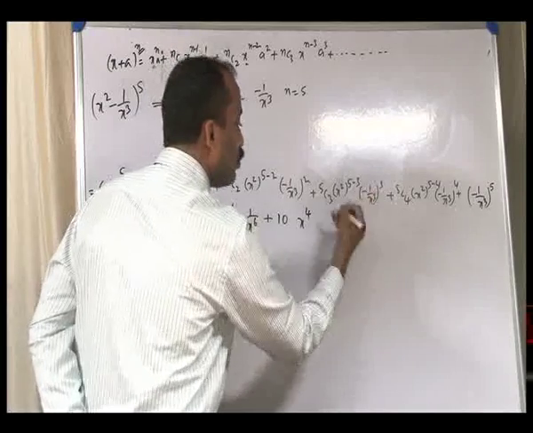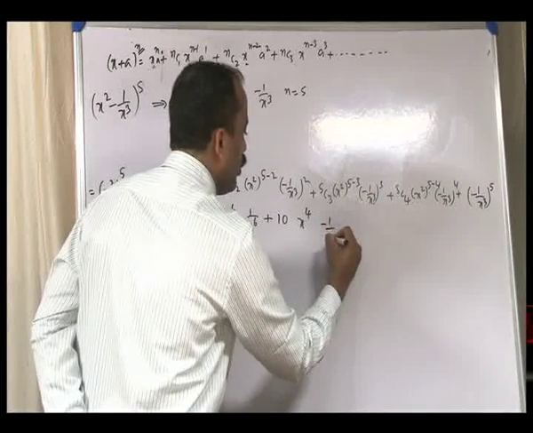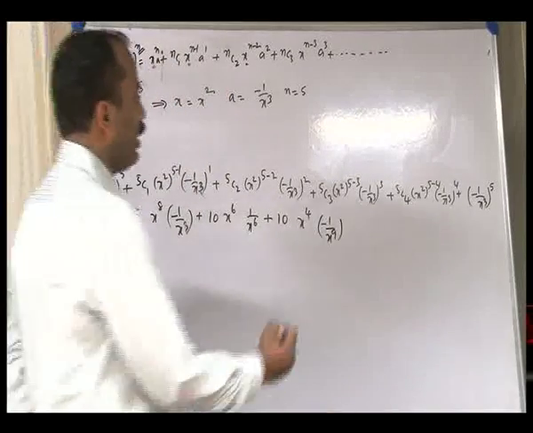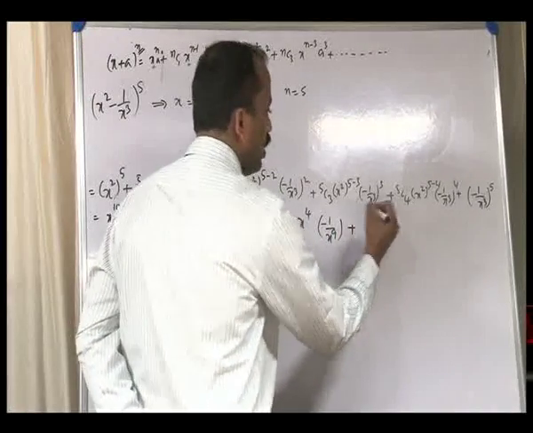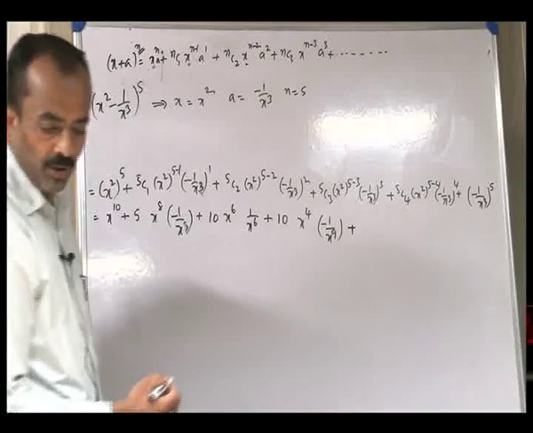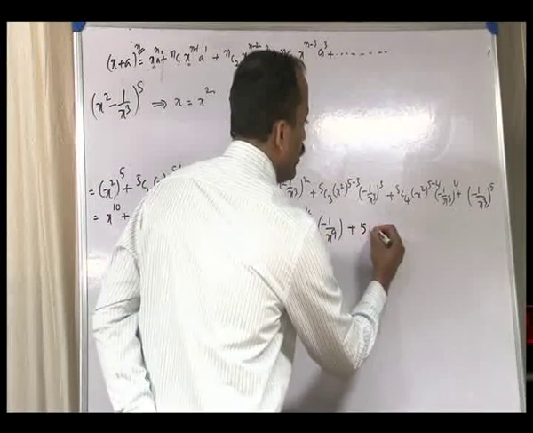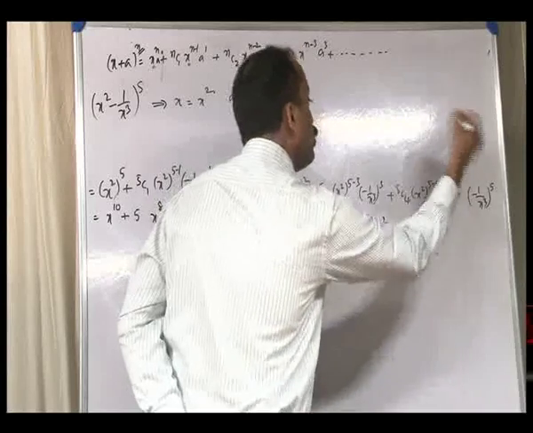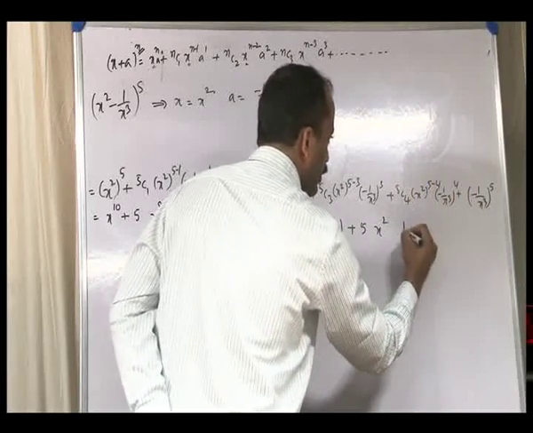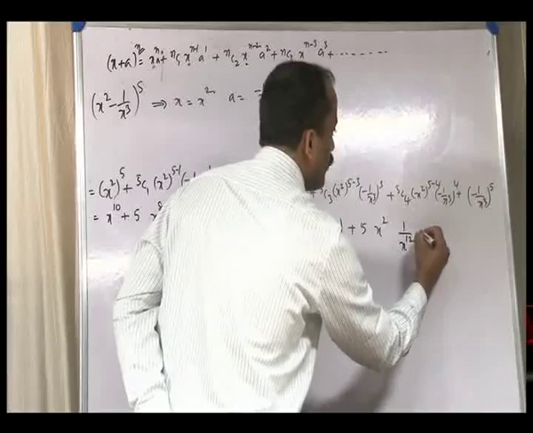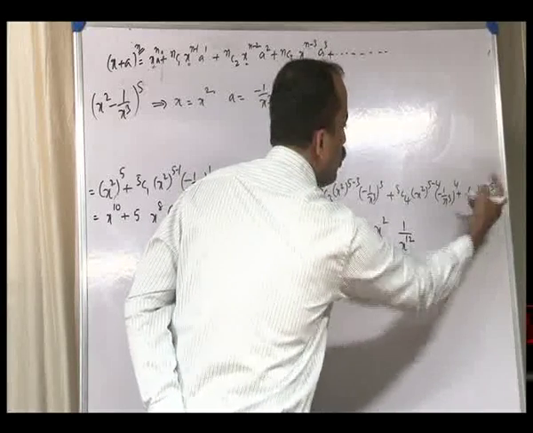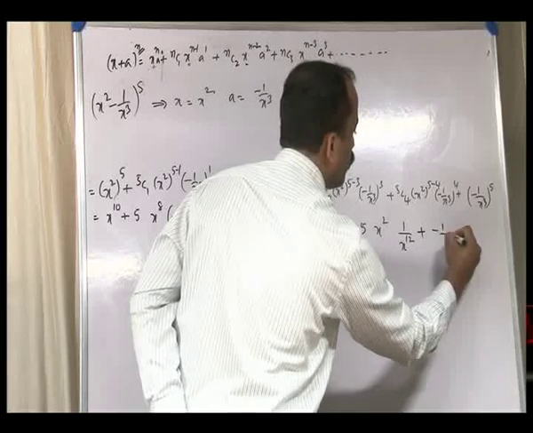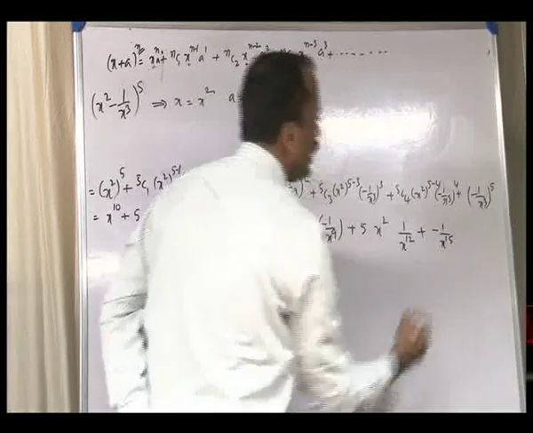Next, minus 1 whole cube is minus itself, so minus 1 over x to the power of 9. Plus 5c4 value is 5 into x squared to the power of 1 is x squared, into minus 1 all to the power of 4 is plus, so it becomes x to the power of 12. Finally, minus 1 all to the power of 5 is minus 1 over x to the power of 15.